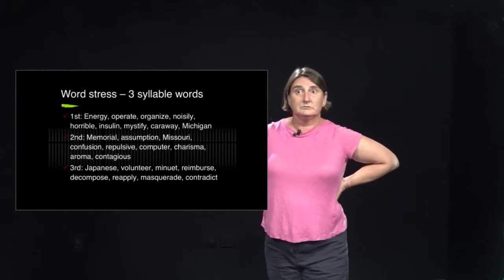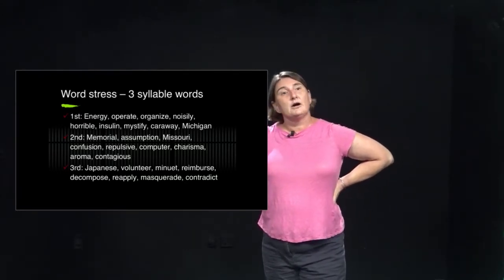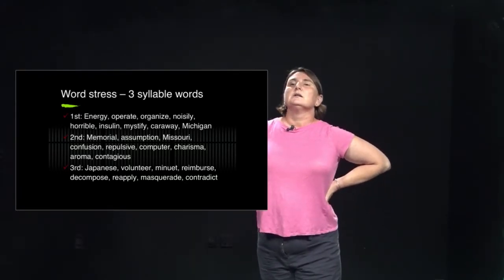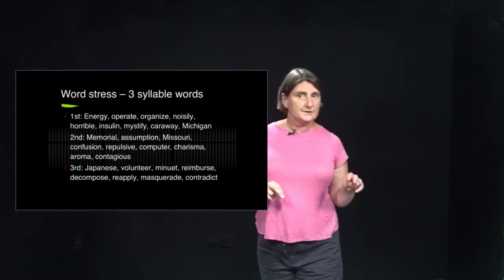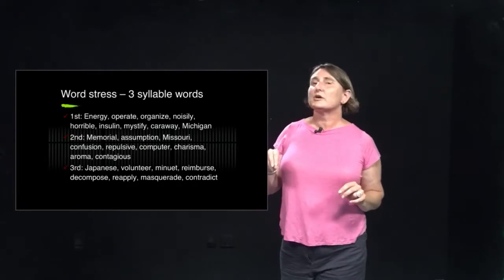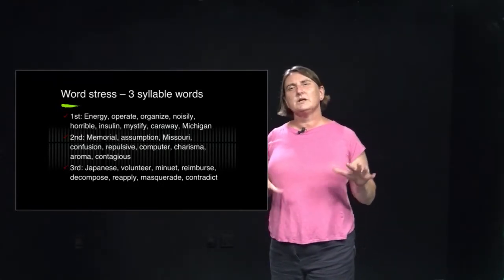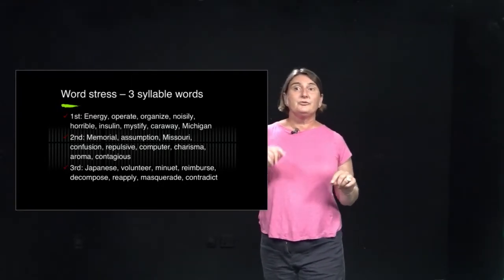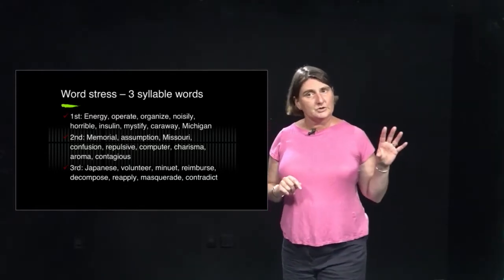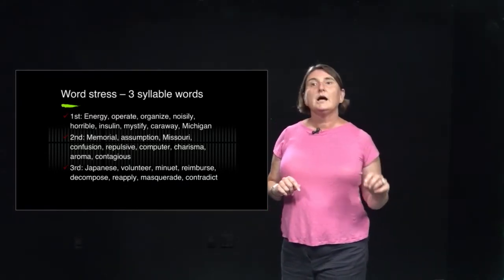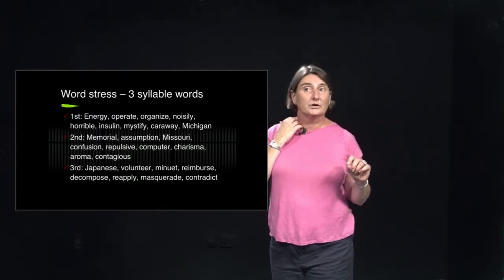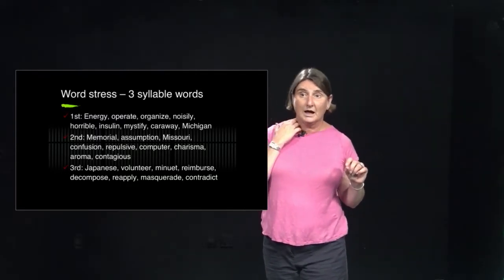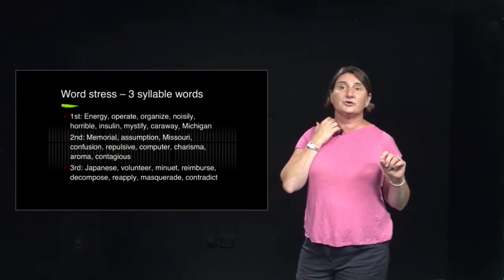So, got it? And now for the third. Sometimes when you've got stress on the third syllable of a three-syllable word, there's a little bit of stress on the first syllable. It can be a little fishy. But for these, I'm pretty sure that the primary stress is on the third syllable. Japanese, volunteer, minuet, reimburse, decompose, reapply, masquerade, contradict.